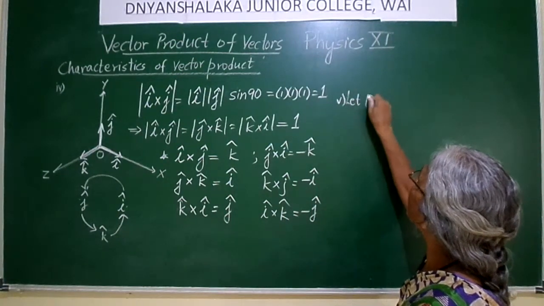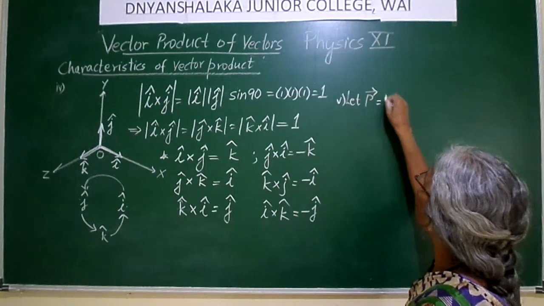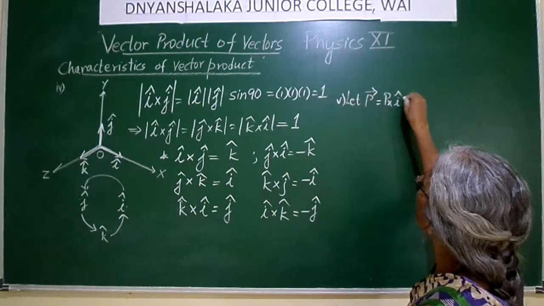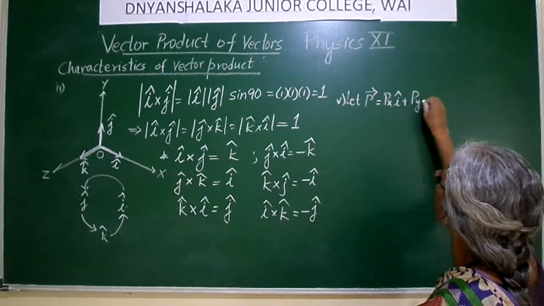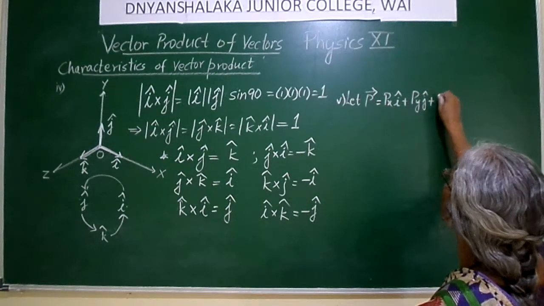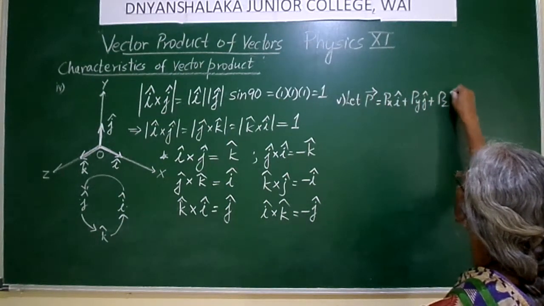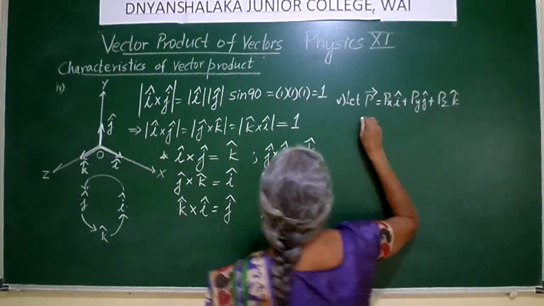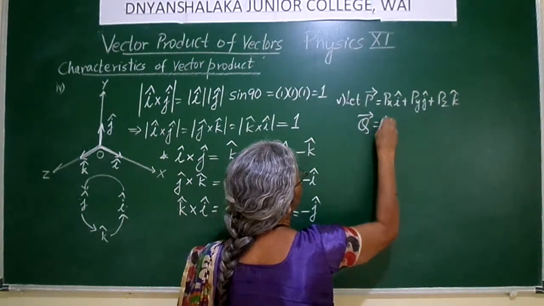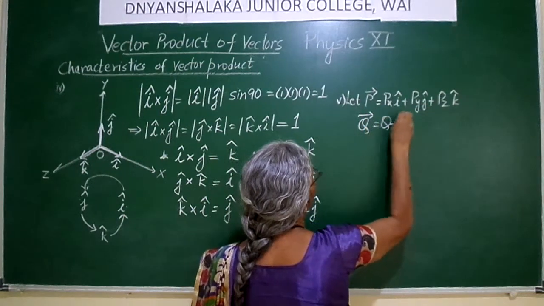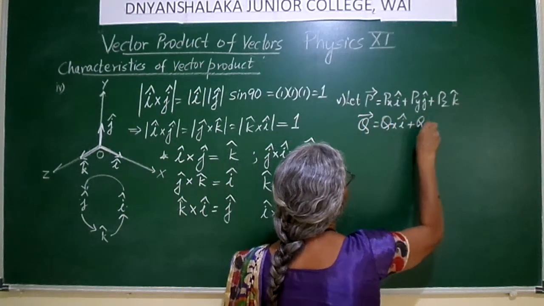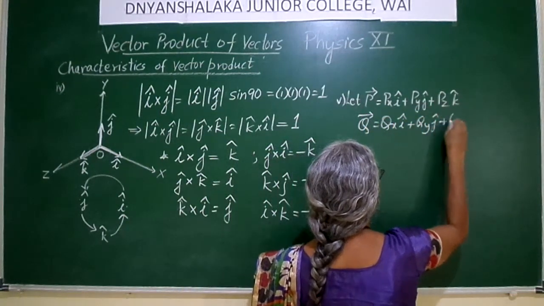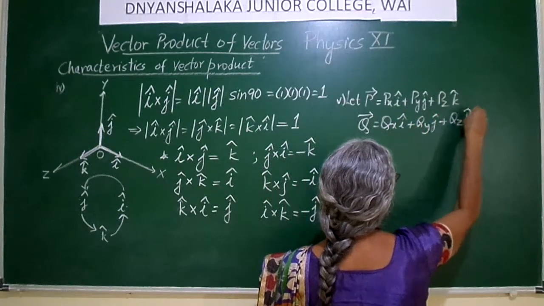Let vector p be equal to pxi plus pyj plus pzk, and vector q equals qxi plus qyj plus qzk.